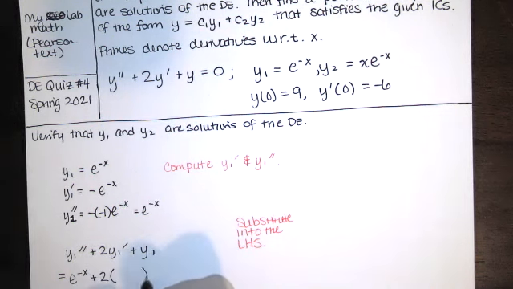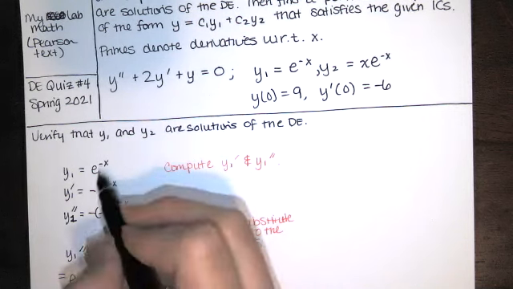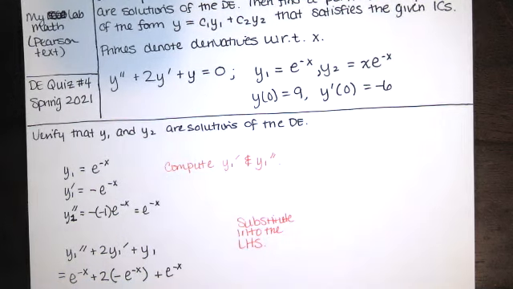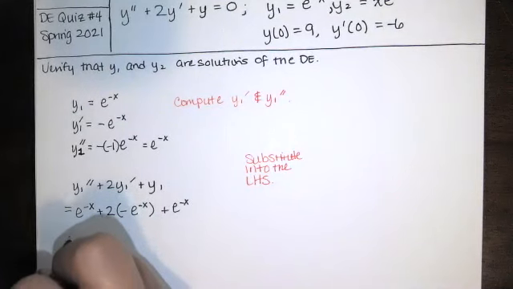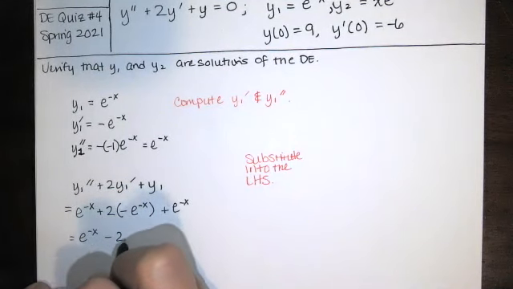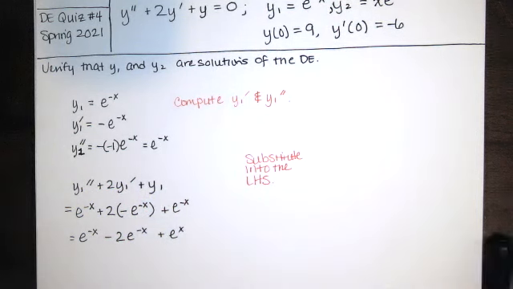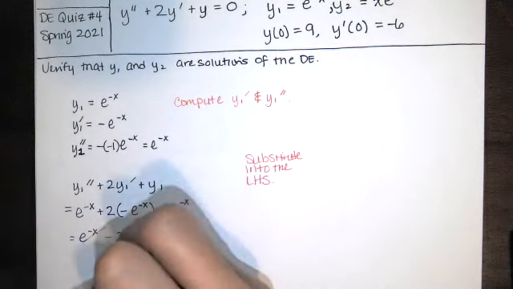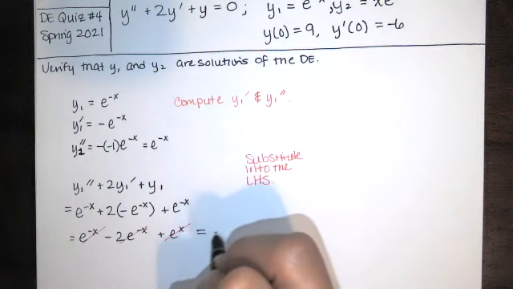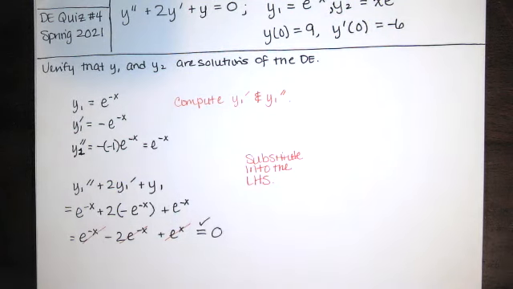Then we're adding 2 times y1 prime, which was negative e to the negative x. And then we're adding y1, which was e to the negative x. And when we do that, let's distribute that negative, we get this. We've got 2 of those, and you're subtracting 2 of those from that. They're all gone. And that means we get a 0, which is equal to the right-hand side.